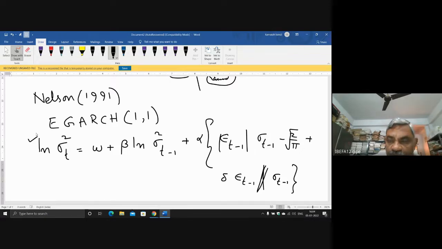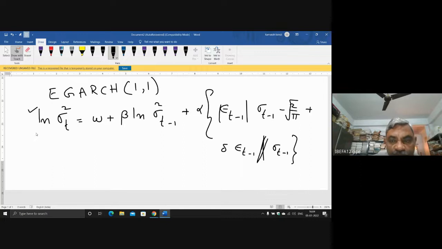This is just for your quick reference; I'm giving all these models, but up to GARCH(1,1), if you are thorough, that will be sufficient.